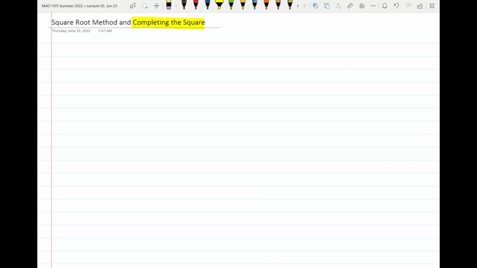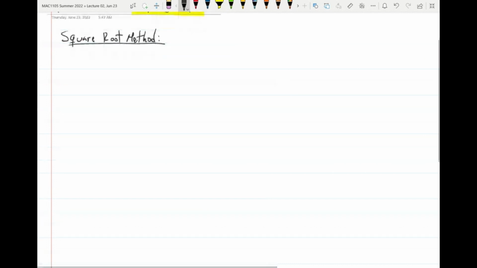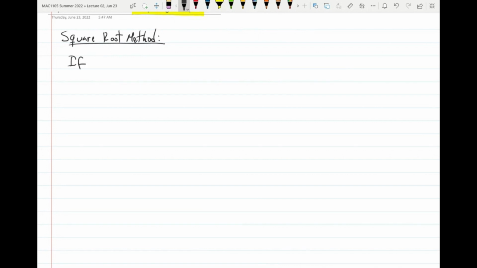But first, let's talk about the square root method. So let me write it here. The square root method is exactly what I mentioned earlier, and it says if u squared equals b. Okay.